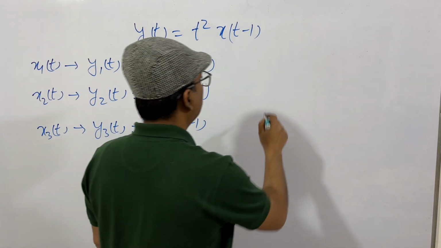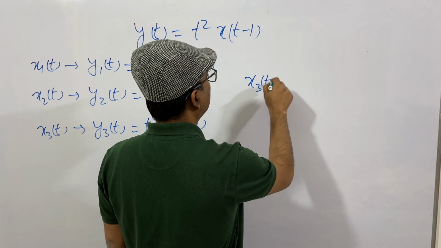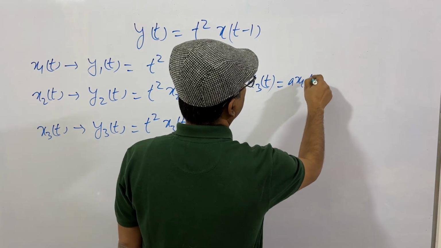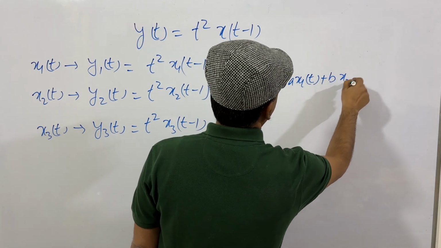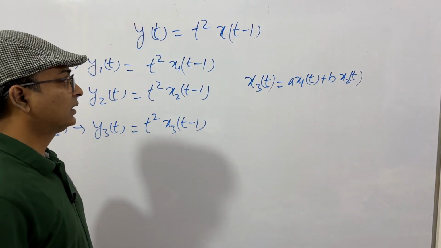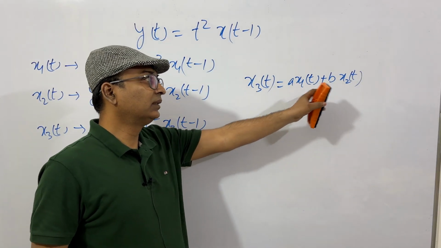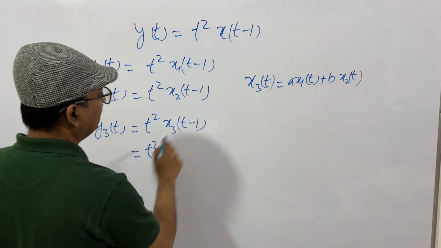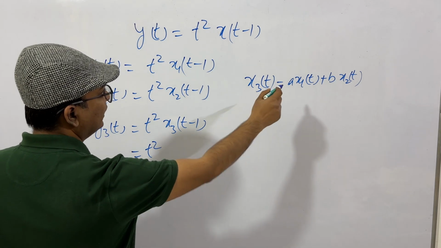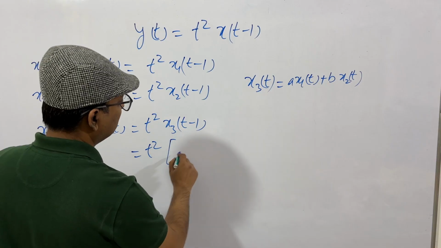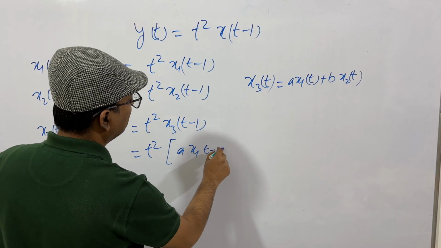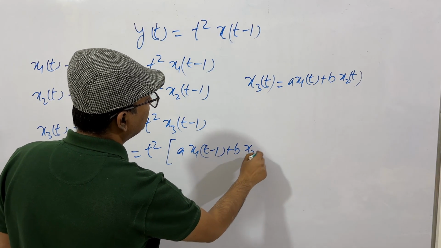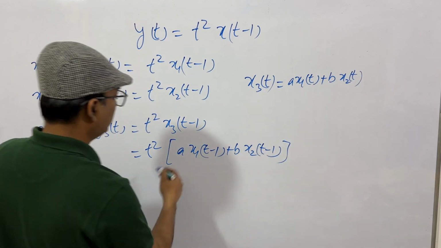Very simple. Now what if your x3(t) is a x1(t) plus b x2(t)? We are checking both scaling as well as additive property. So this will be t square x3 of (t minus 1). x3 of (t minus 1) means just a x1(t minus 1) plus b x2(t minus 1). What is this?